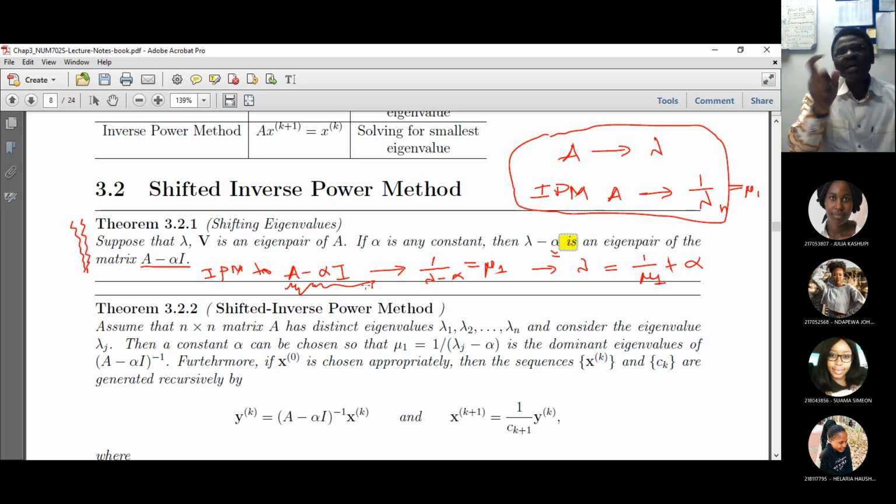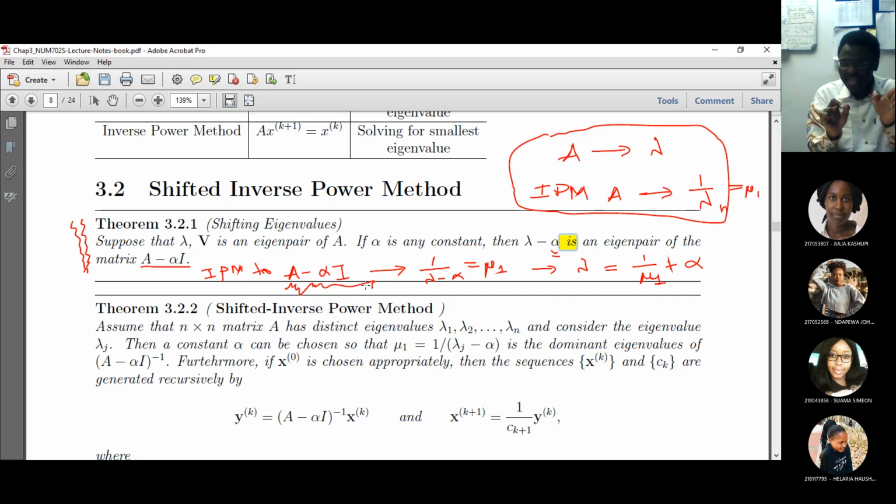I know an alpha that is close to an eigenvalue, but the eigenvalue itself, I don't know it. I only know that the eigenvalue might be around this range, but I don't know exactly its value. So I take an alpha in that range.